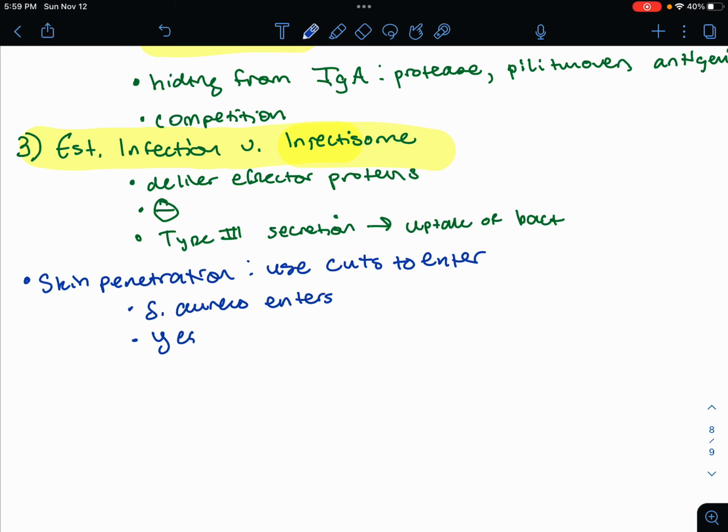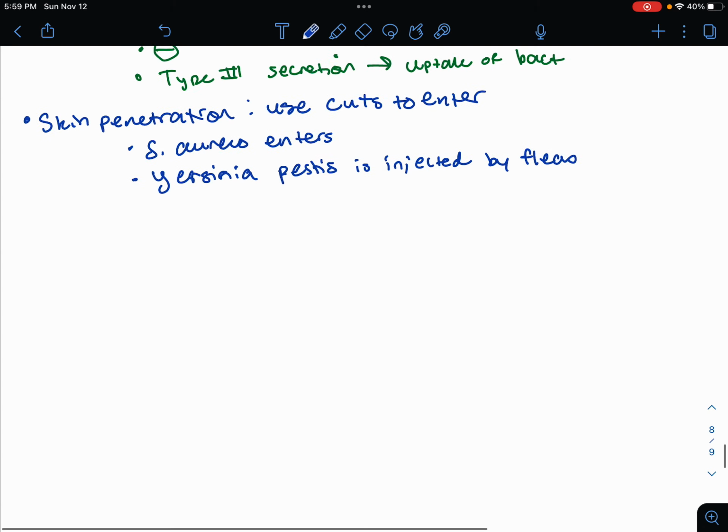Also, Yersinia pestis is injected by fleas on rats. When they are trying to suck blood off these rats, they actually just create that injection, and then the bacteria goes into the rats. So fleas on rats.